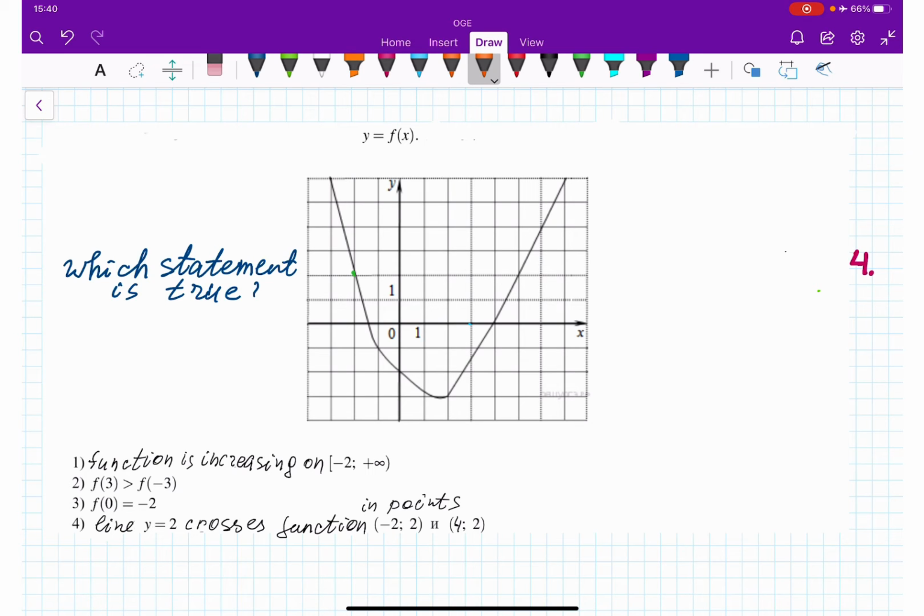Where is my -2? It's right here. -2 and positive infinity. Is our function increasing on this interval? Absolutely not, because here we have decreasing. Here we have increasing, right? So this is false.